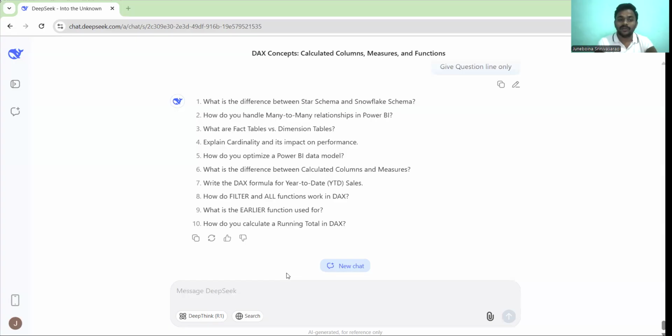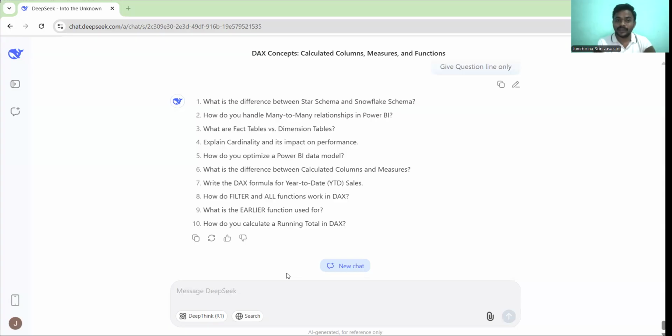What is the difference between calculated columns and measures? DAX, data analysis expression, is a formula language used for data modeling and for calculations. Calculated columns and measures both are created by using DAX functions. Calculated columns occupy space in the data model. Measures don't occupy any space in the data model.